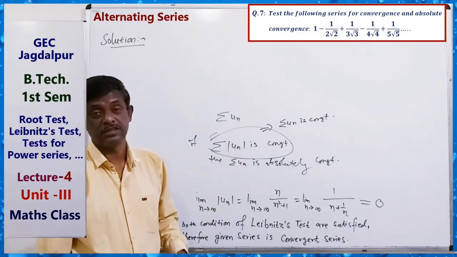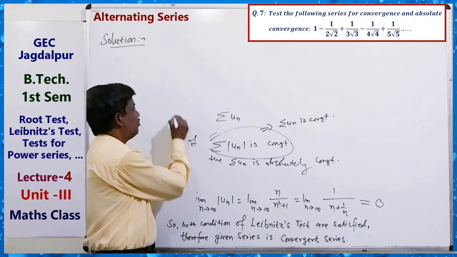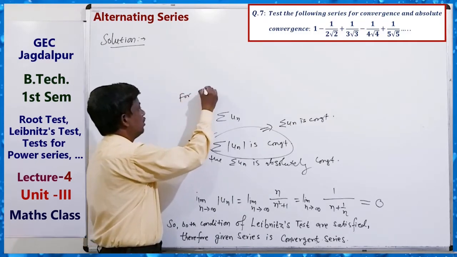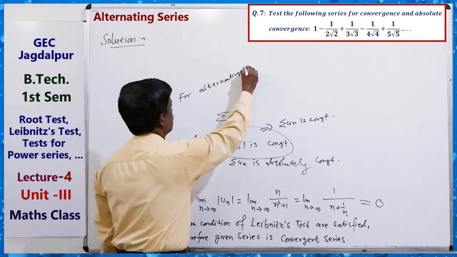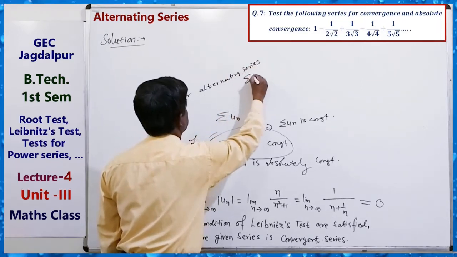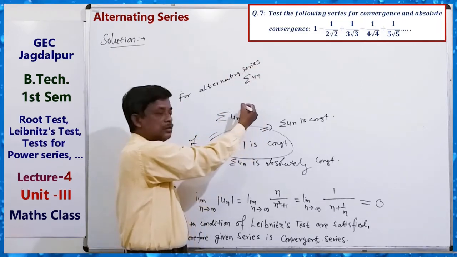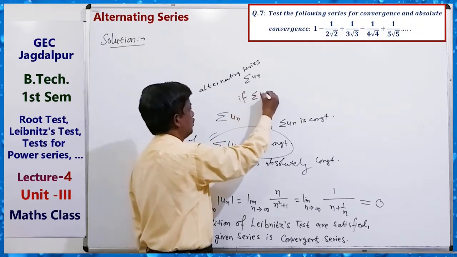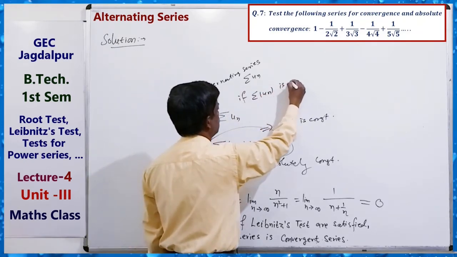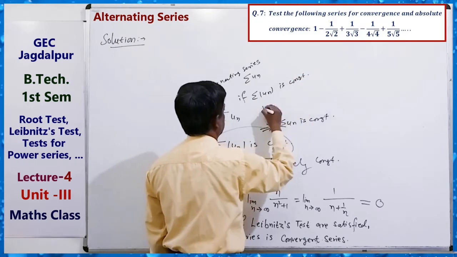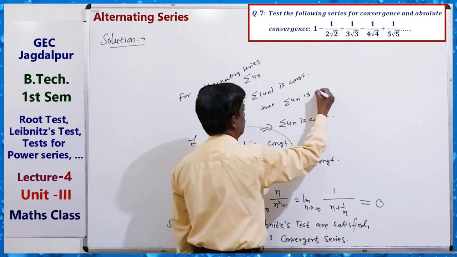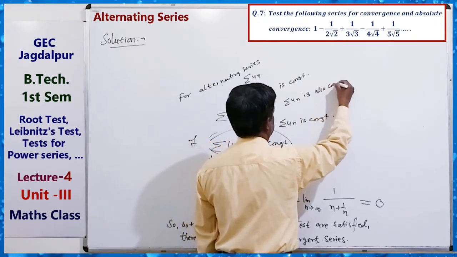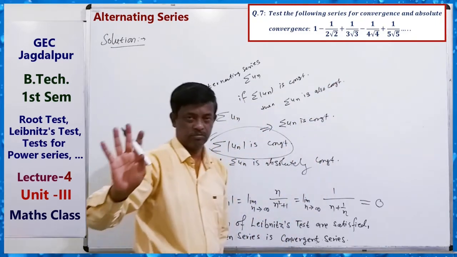For an alternating series, if this is convergent, then this is also convergent. We know this.